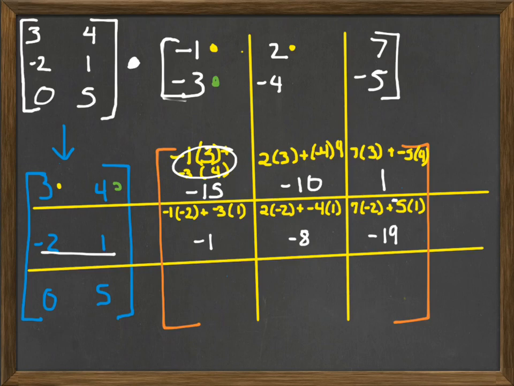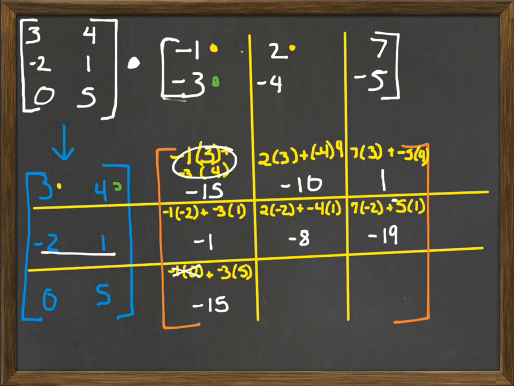Now going back to the start of the third row, first column, I have -1 times 0 plus -3 times 5. Anything times 0 is 0. Negative 3 times 5 is negative 15. Let's do the next one.